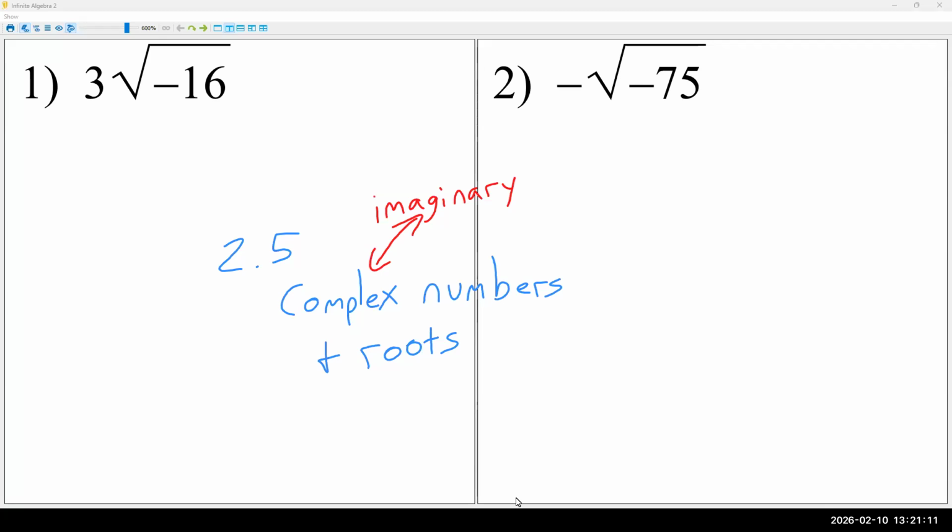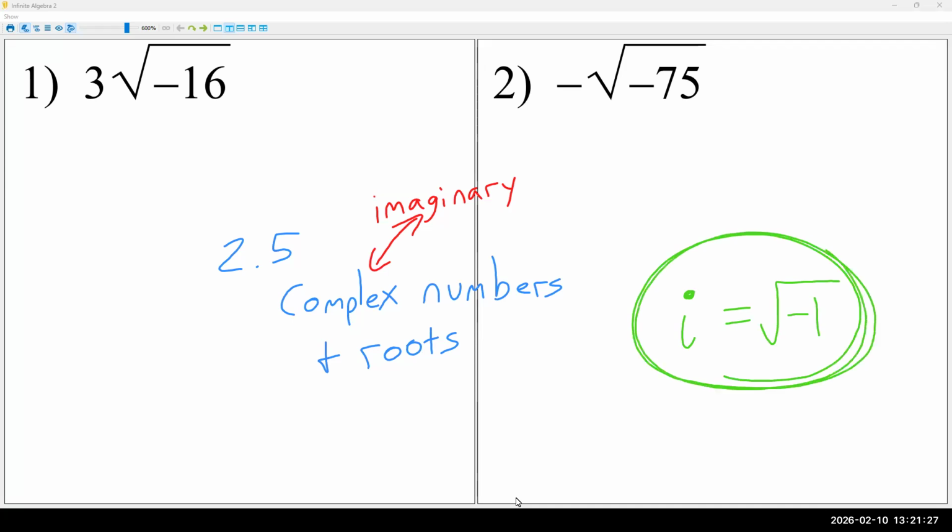So before we get into doing our first problem, something we need to know, something you want to write down off to the side, is this thing called i. I use a little italicized i. i equals the square root of -1. You need to write that down at the top of your paper, circle it a good 3 or 4 times.